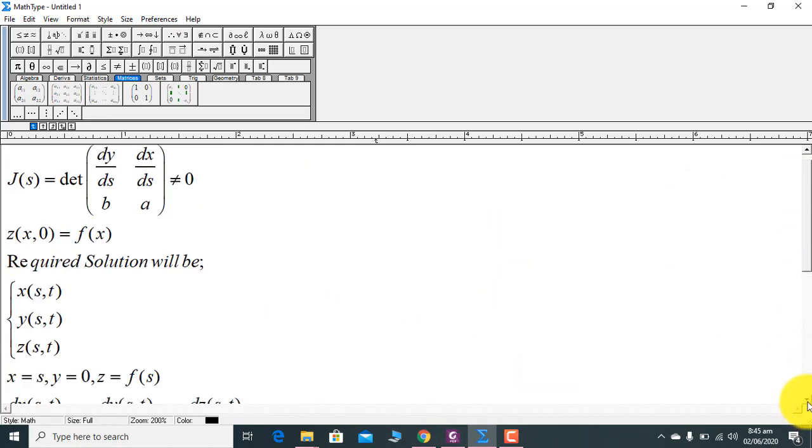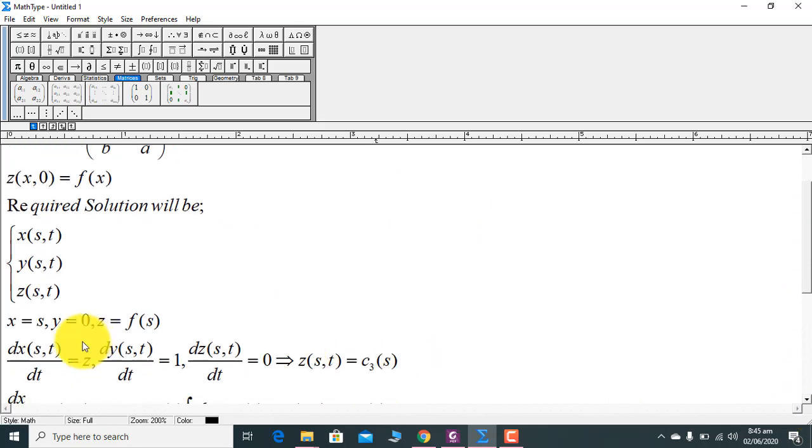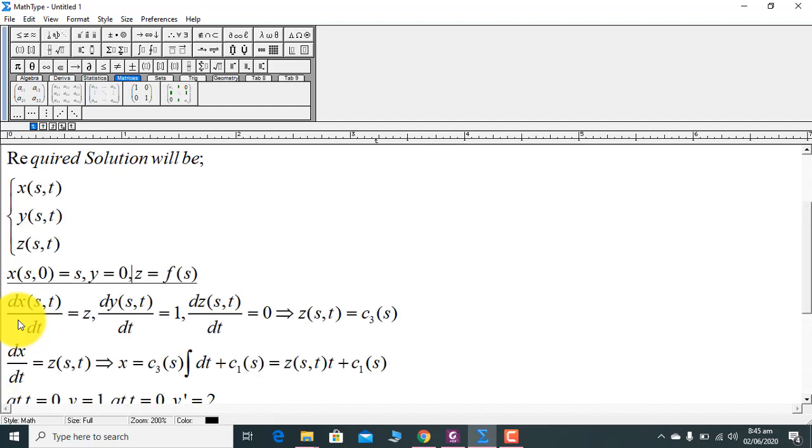So actually our initial condition remains similar, but instead of x equal to s you must write x of s comma 0, because at t equal to 0 you have x transformed into s, and at t equal to 0 you have y transformed in terms of s, but indeed this is 0, and at t equal to 0 you have z transformed in terms of s, and again that is a function of s.